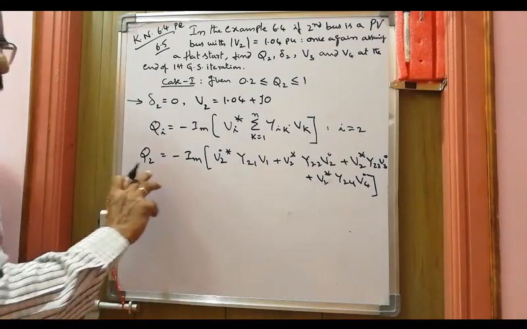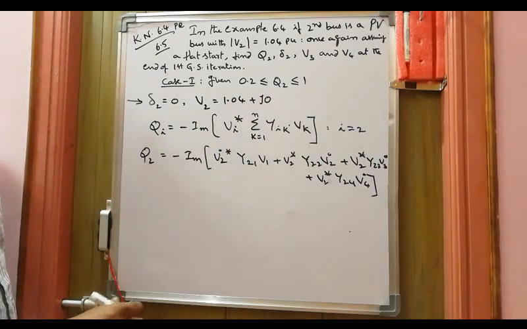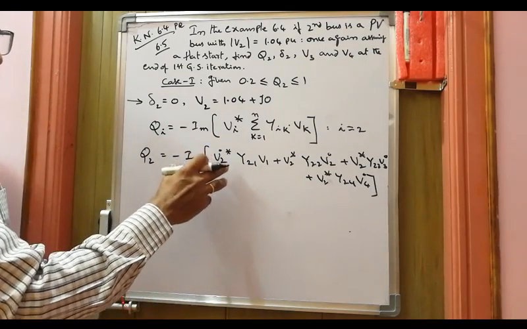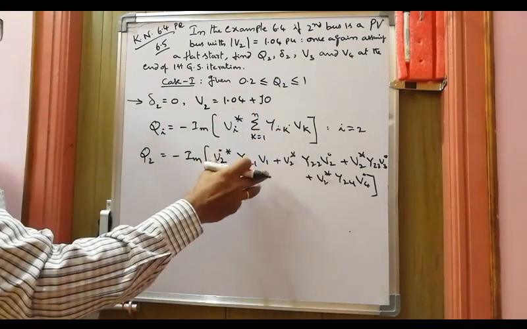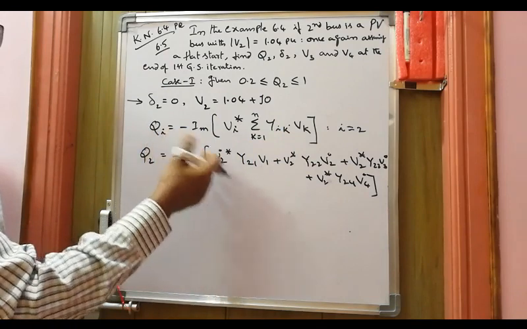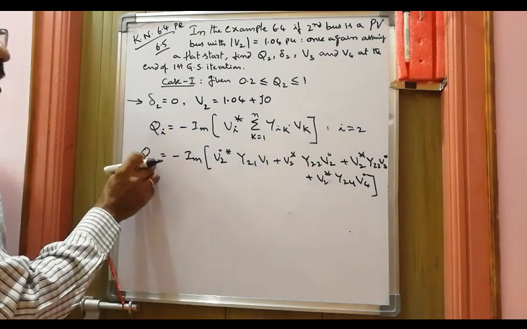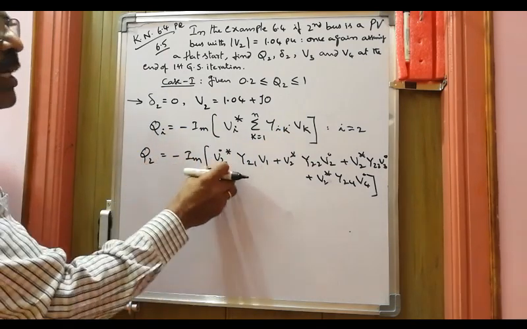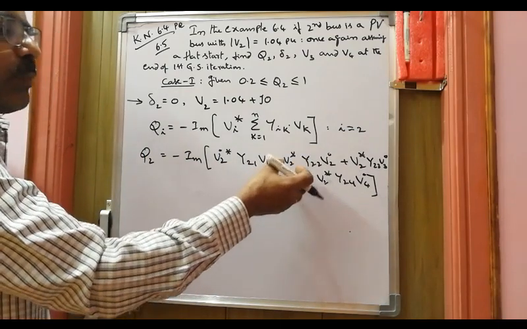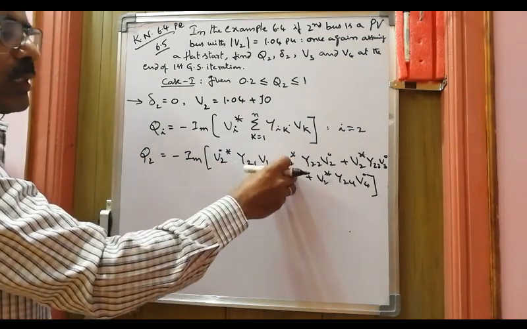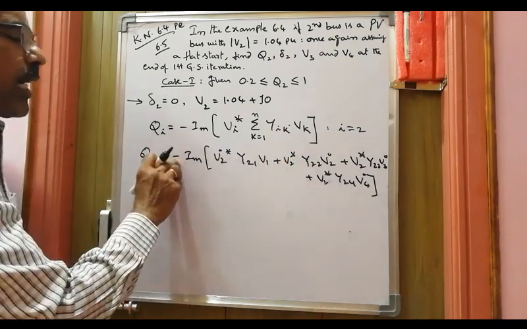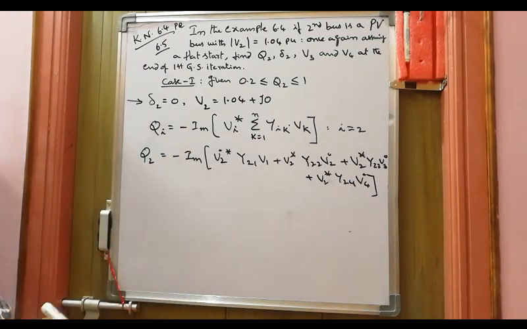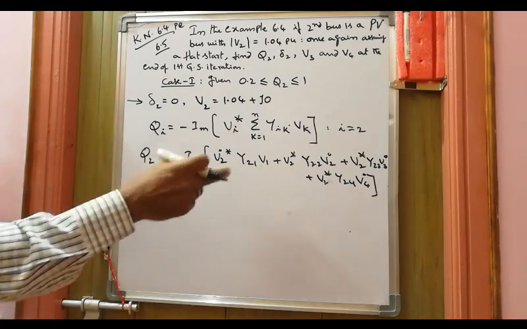So substitute all these values and take the imaginary part of that expression. You can leave the real part. We want only the imaginary part because it is Q2. Q2 is minus the imaginary part of that. So whatever imaginary value you get after simplification, with the negative sign, is the value of Q2. Please go through it.